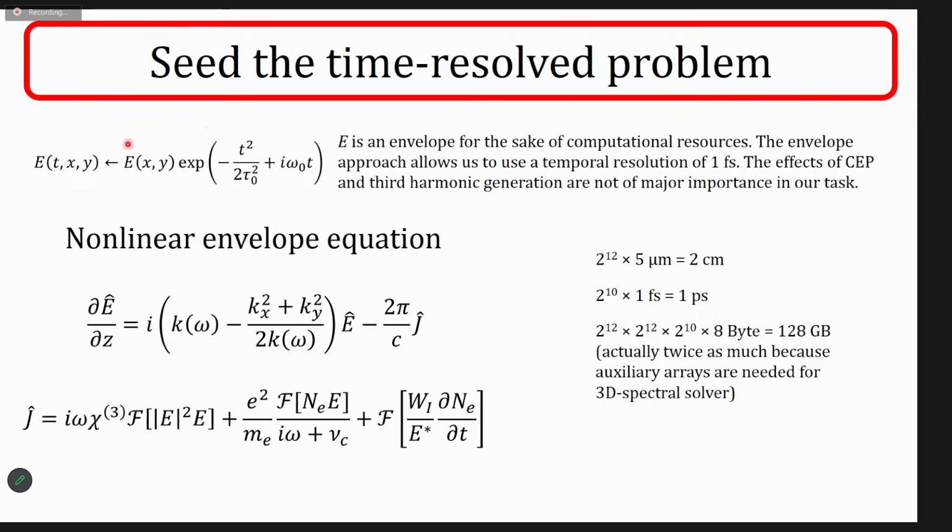From there on, from the 17 centimeters before the focus, we take the envelope equation, and with a resolution in time of 1 femtosecond and 1,000 points, that's not so impressive by this time, 1,000 temporal points.